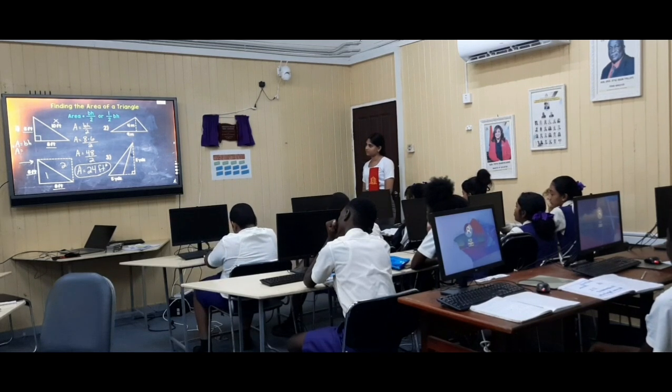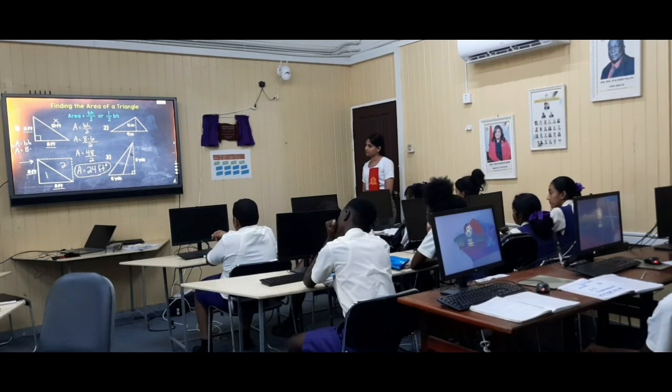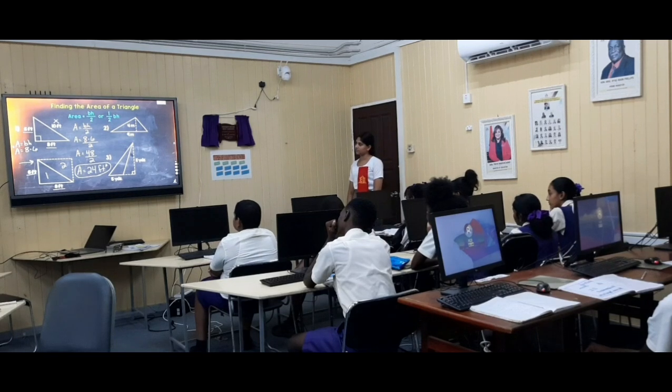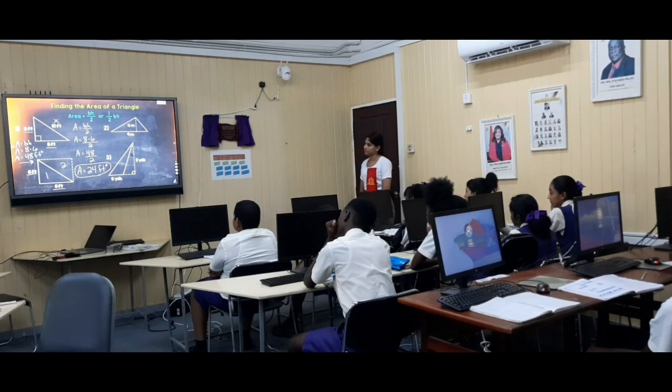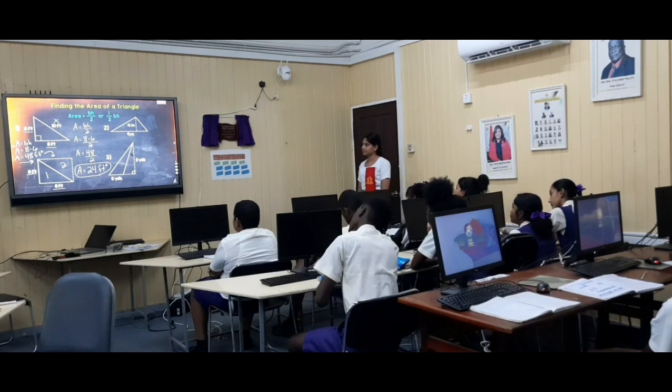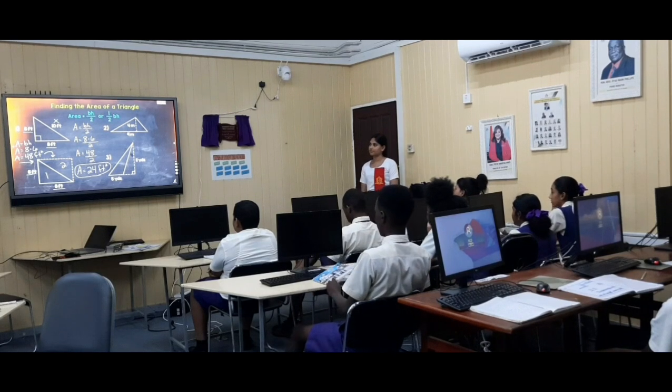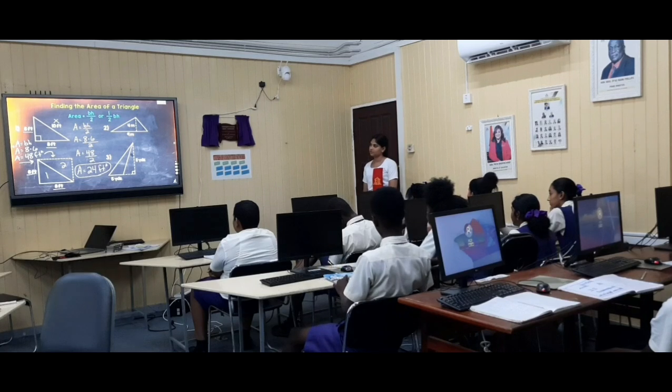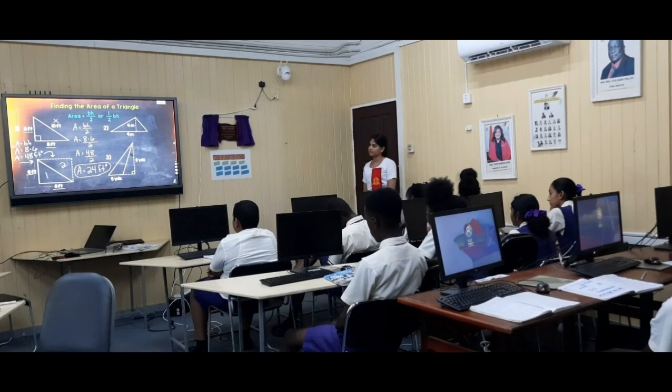Area equals, well, the base, we have 8 feet, times the height of 6 feet. 8 times 6 gives us an area of 48 square feet. And that's the area of the rectangle. Now we can see that the triangle is exactly half of the rectangle. So we can take half of the area of the rectangle to get the area of the triangle. So that's why we take half, either by dividing by 2 or multiplying by 1/2.